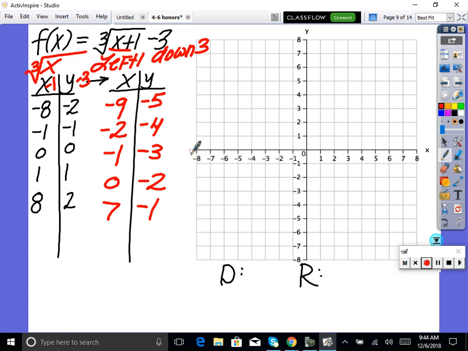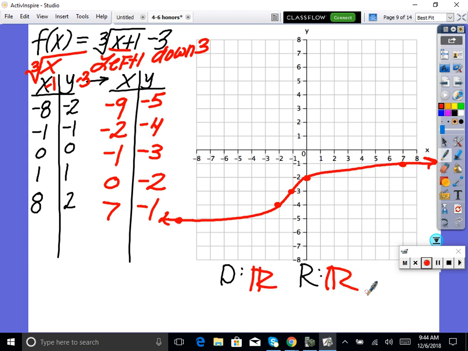Okay, so negative 9, negative 5 units, negative 2, negative 4, negative 1, negative 3, over 0, down 2, and then over 7, down 1. So it's an S. I can see how it's connecting. There it is. Domain and range: all real numbers, all real numbers.